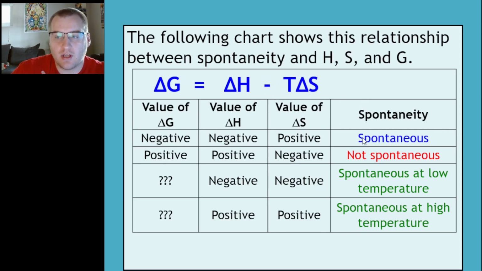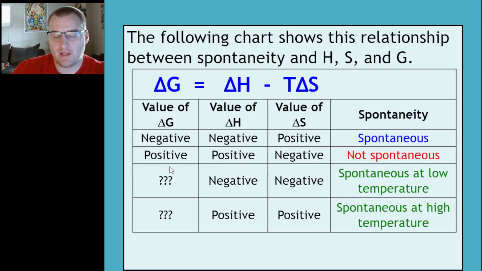So this reaction will always be spontaneous. Now for the second column, if you have a positive enthalpy and positive entropy change... rather, a positive enthalpy, that means you have an endothermic reaction. And if at the same time you have a negative entropy, meaning entropy decreases, then that reaction is always going to give you a positive G and will always be not spontaneous.